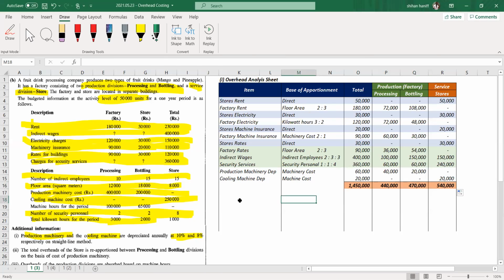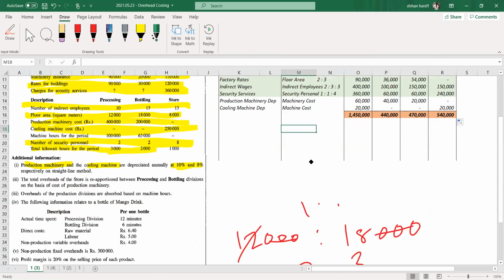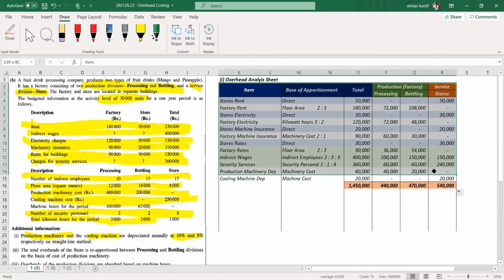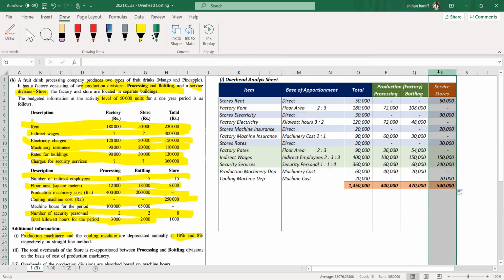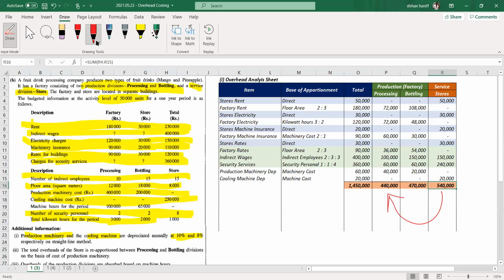Now they are telling about reapportionment. So this is the apportionment that we use. Now, since the service department doesn't manufacture anything, this service department cost should be allocated to the production departments, the processing and bottling departments.